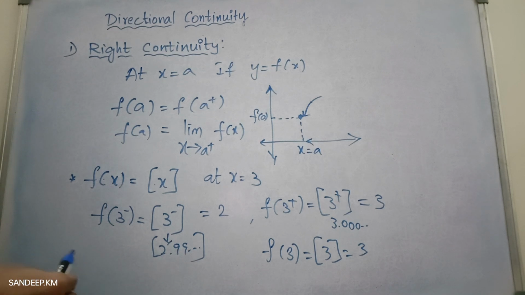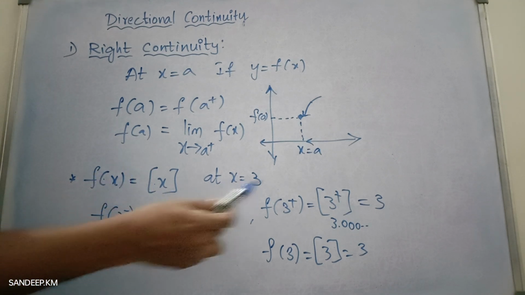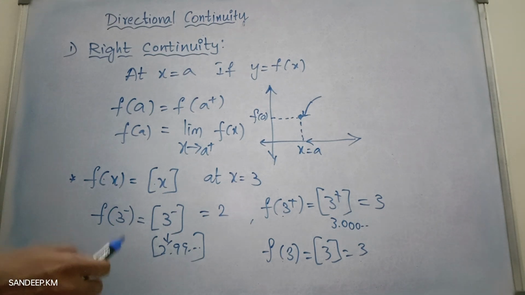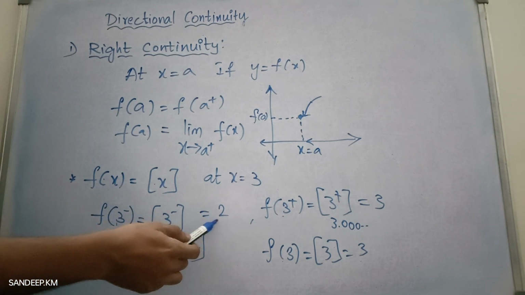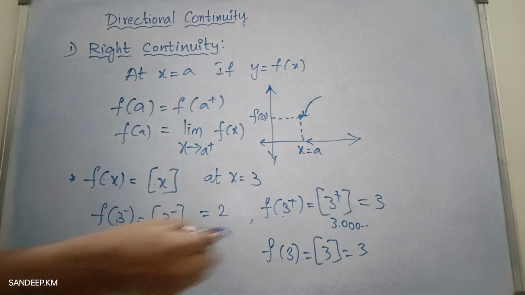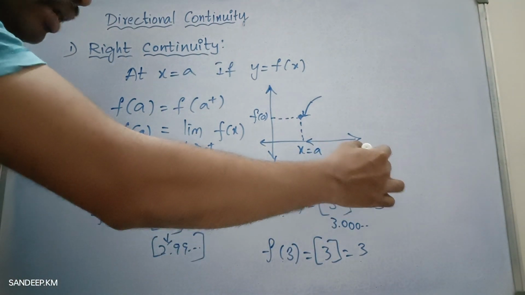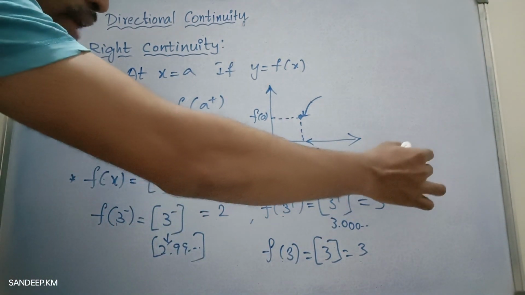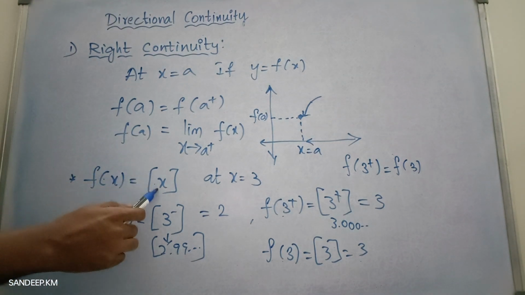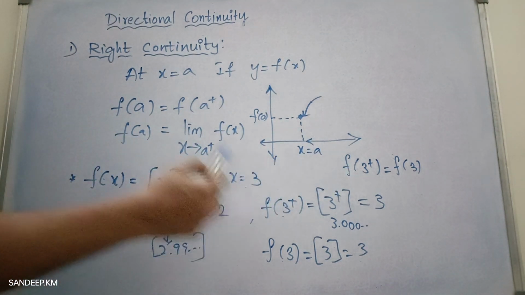So if you observe, in this example the right hand limit is 3 and the value of the function is also 3, whereas the left hand limit is equal to 2. So the value of the function is not equal to the left hand limit, only the right hand limit is equal to the value of the function. For that reason we can say that step x is right continuous at x is equal to 3.